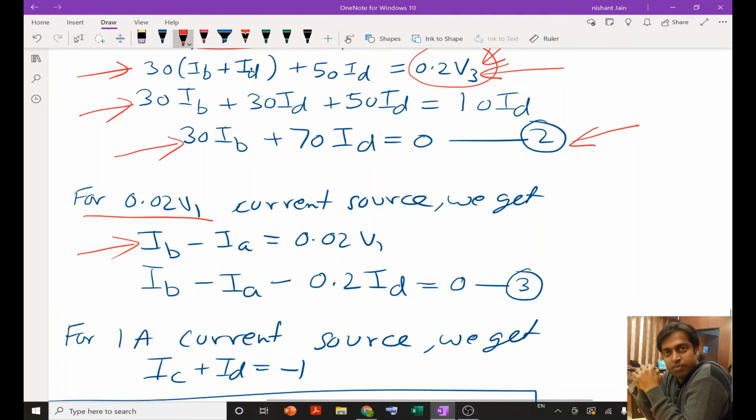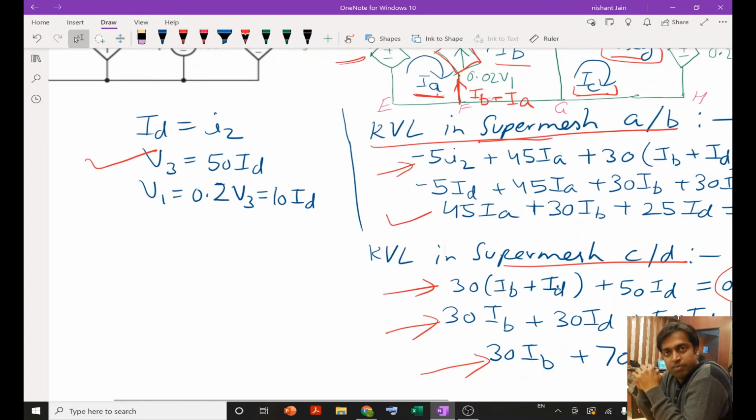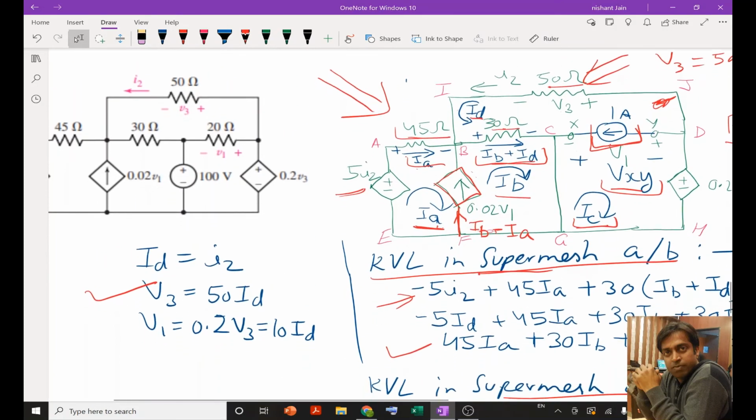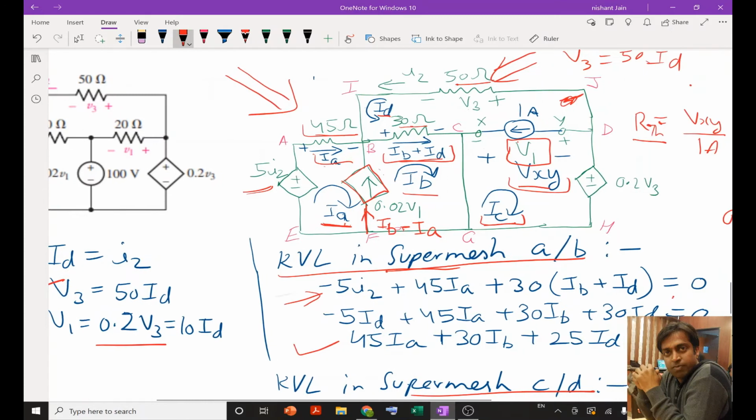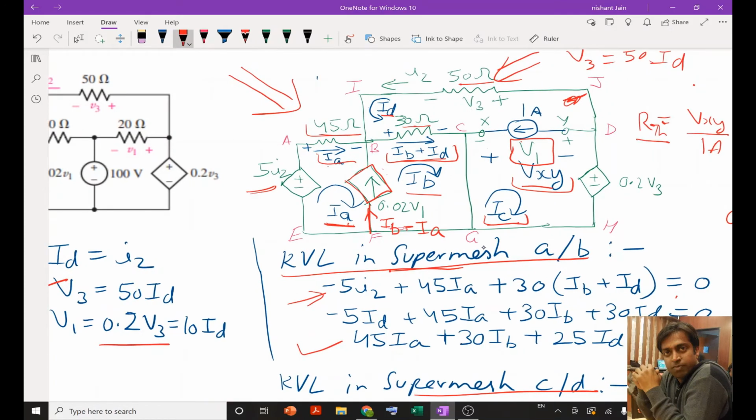Now over here we can try to replace this V1, so that our final equation is in terms of the loop currents IA, IB, IC or ID. If we see our circuit diagram, you will find that this V1 is over here. This is our V1, right? So this V1 is nothing but 0.2 V3, because V1 is the potential between this VD and this VC.